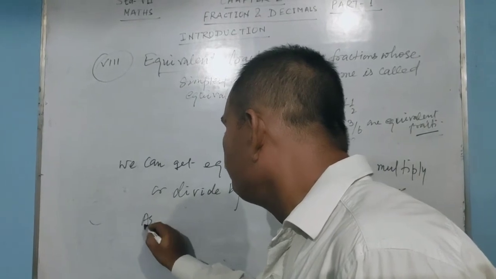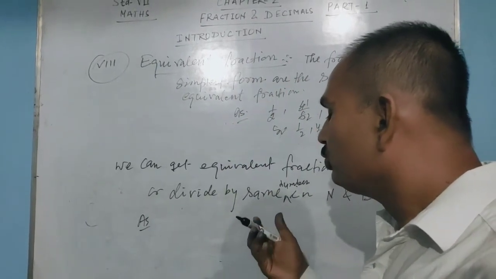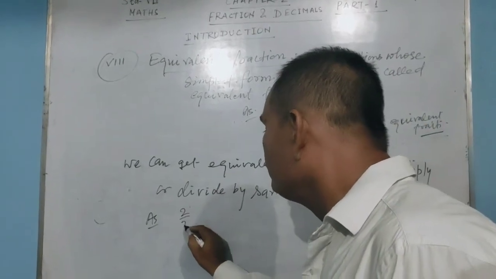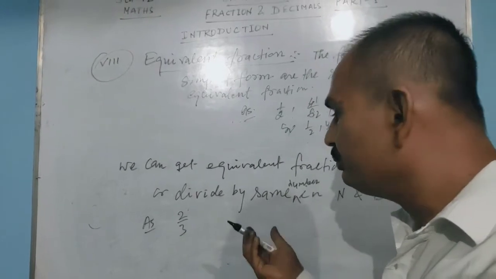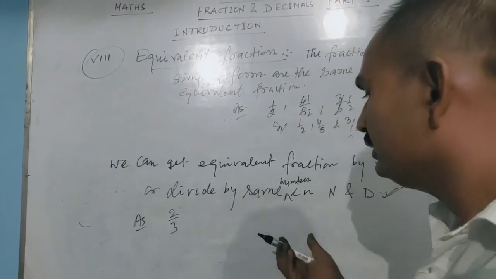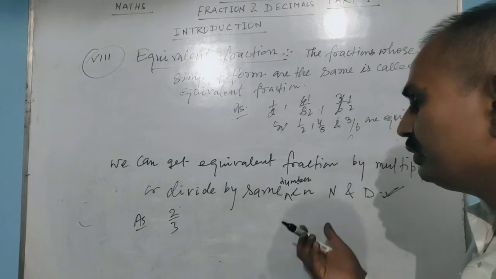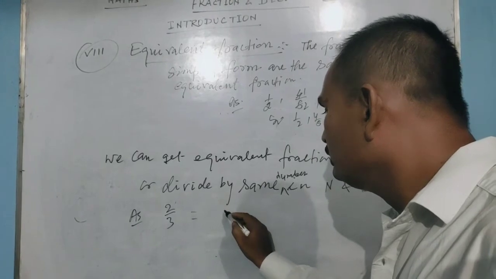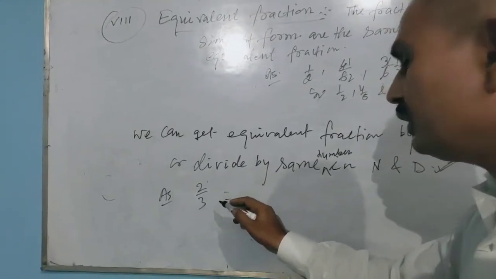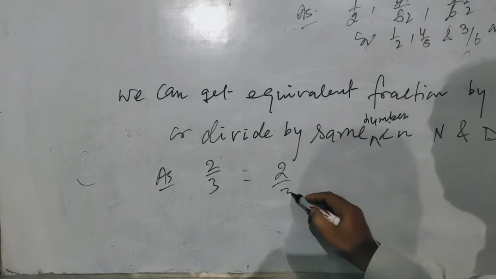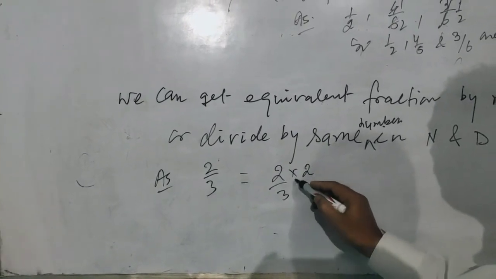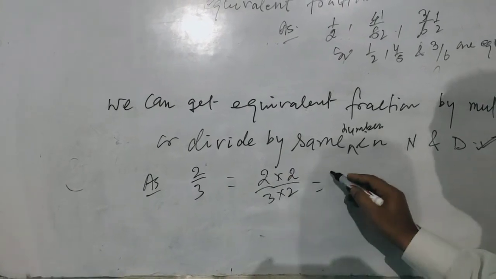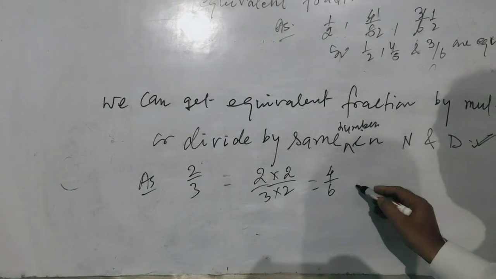Okay? Example. What is the equivalent fraction of 2 by 3? There are many equivalent fractions, but I take only 3 equivalent fractions of 2 by 3 here. Multiply 2 by 2 in numerator and denominator. So we get 4 by 6.